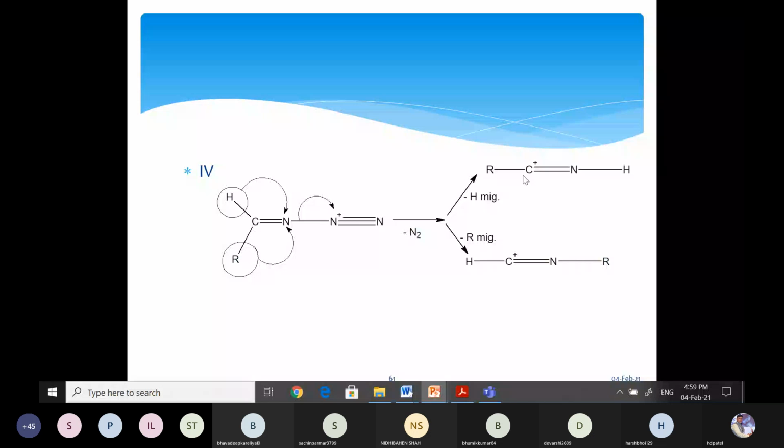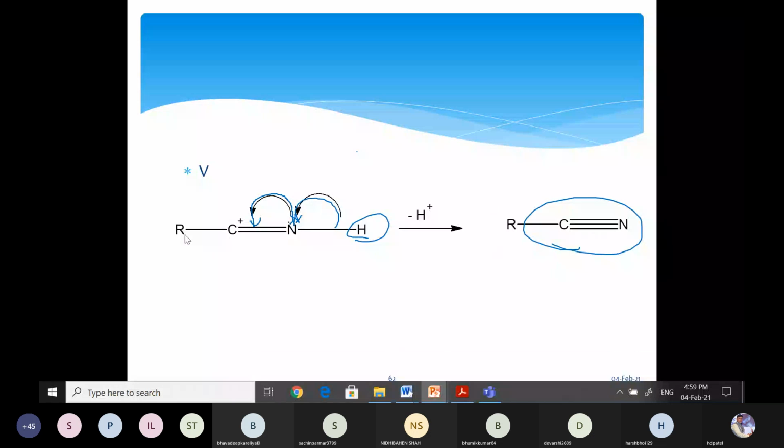So what we will get now is R, C plus double bond N, H. From here, carbon having a deficiency of electron will pull electron from the nitrogen.